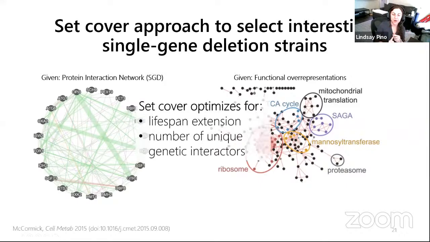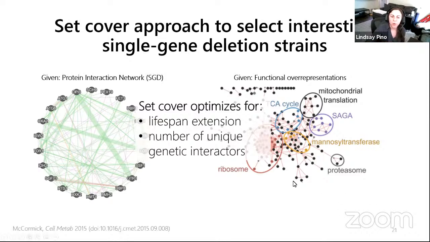I wanted to optimize for single gene deletions that extended lifespan across a range of values. So I didn't want all very large lifespan extensions. I wanted to get a range of lifespan extension. And I wanted to get a number of unique genetic interactions.